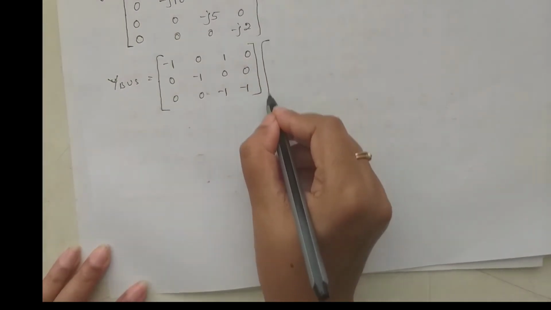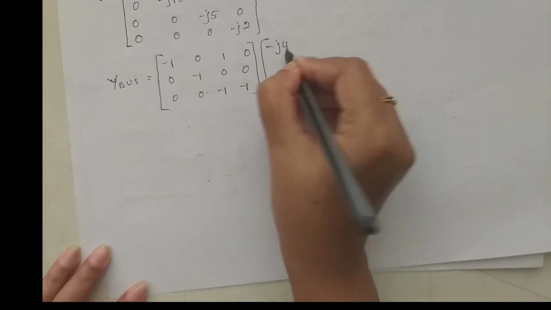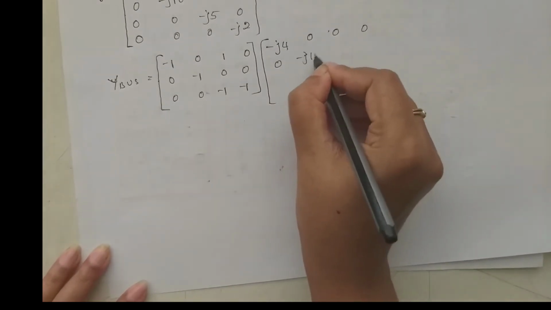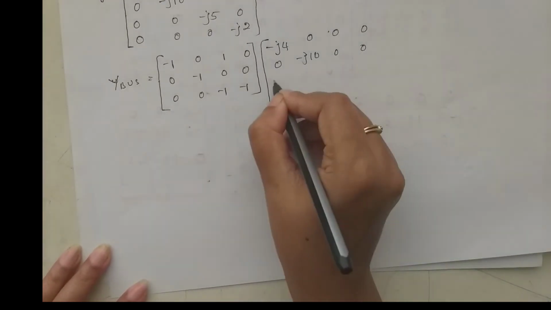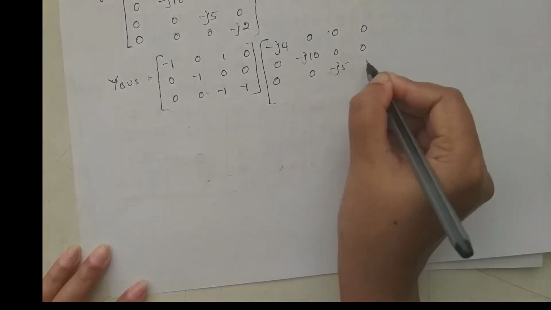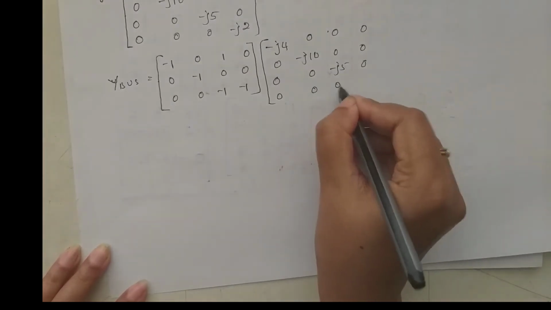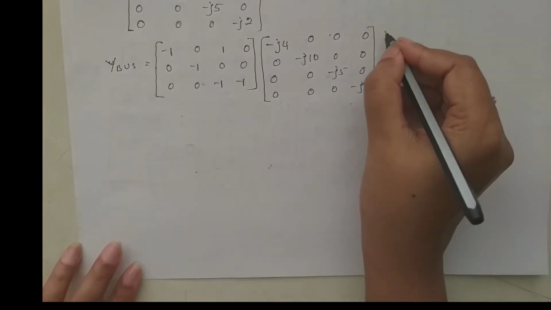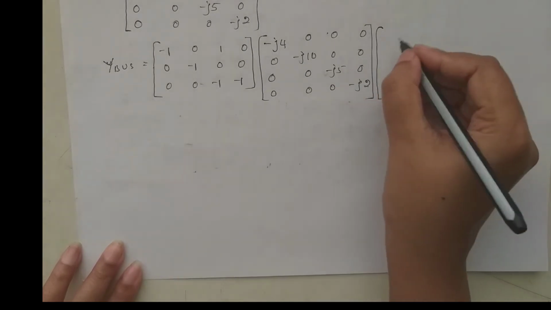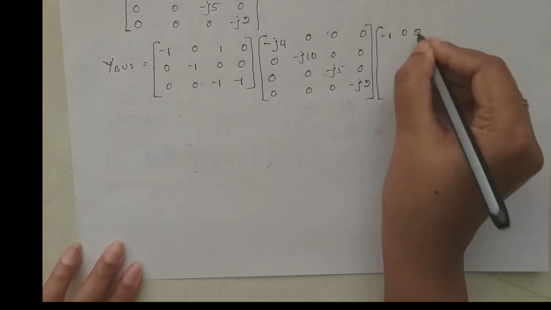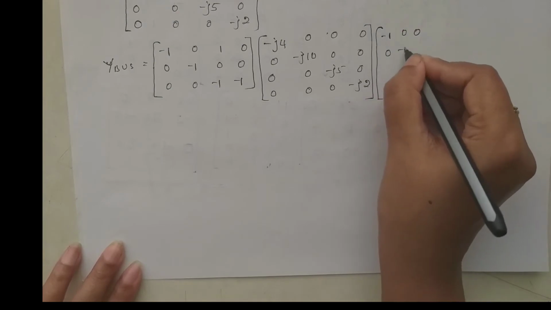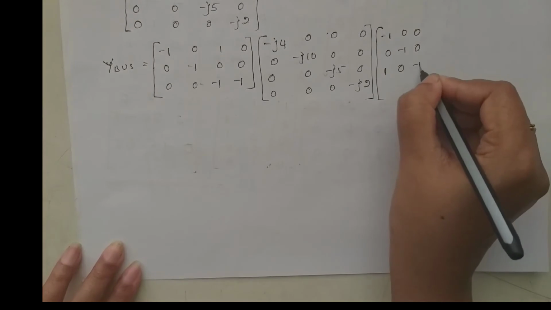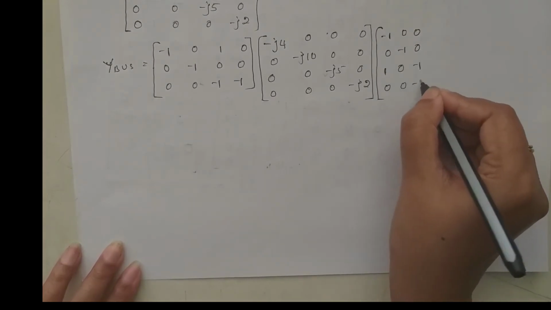And the Y matrix written as it is: minus j4, 0, 0, 0; 0, minus j10, 0, 0; 0, 0, minus j5, 0; 0, 0, 0, minus j2. Next, the third matrix A: minus 1, 0, 0; 0, minus 1, 0; 1, 0, minus 1; 0, 0, minus 1.